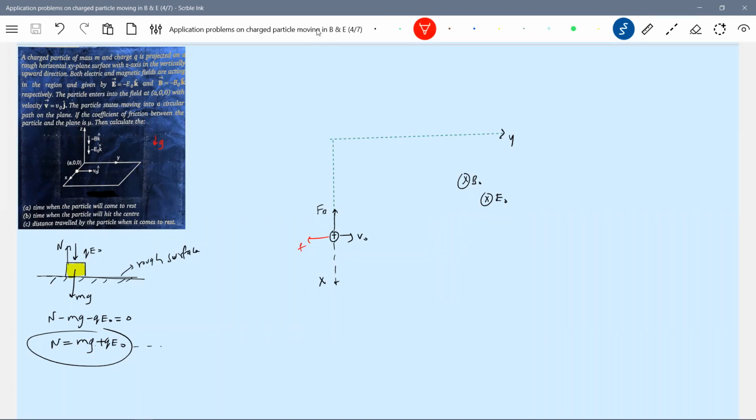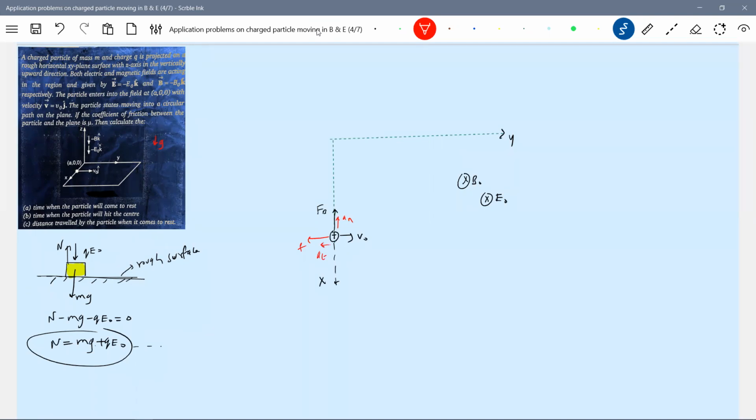Friction is a resistive, dissipative force, so the speed of the particle will keep decreasing. The magnetic force will provide the required centripetal force, and the friction will retard the motion.